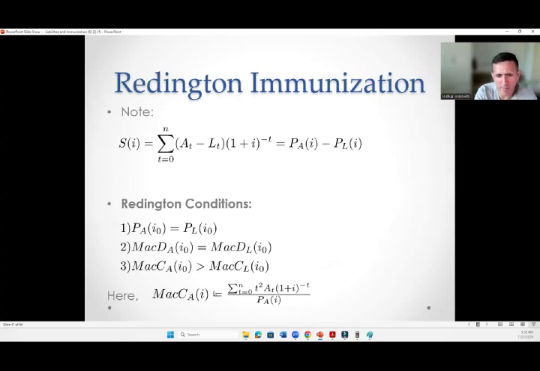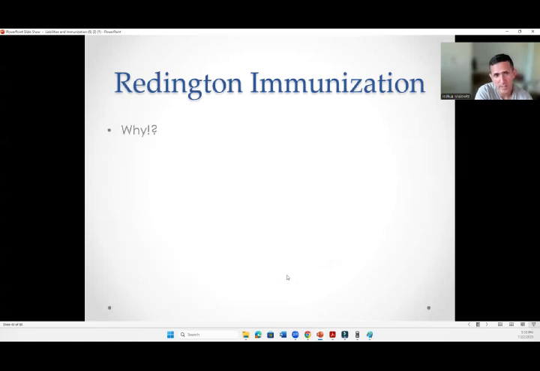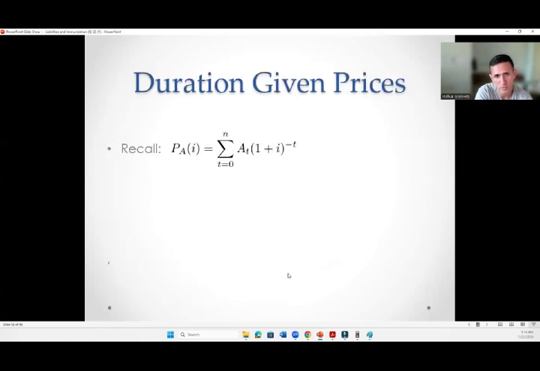In particular, I have a very nice formula for the third part of the Redington condition being true if I'm given the price of my assets at t equals 0. In particular, this here is exactly the price of my assets at t equals 0 at whatever interest rate we're looking at. So that's extremely useful at times.